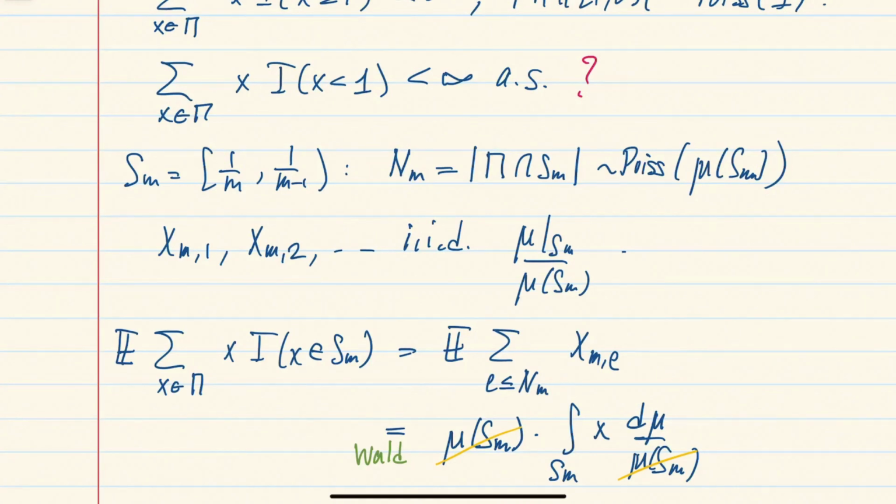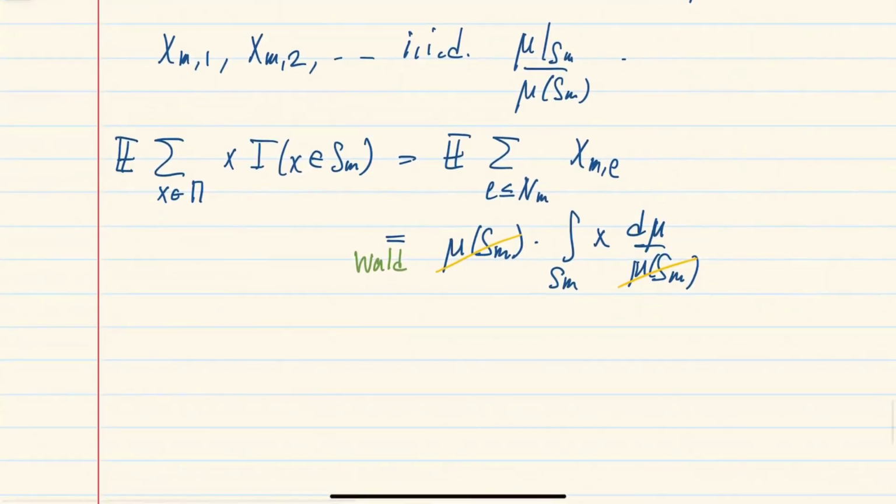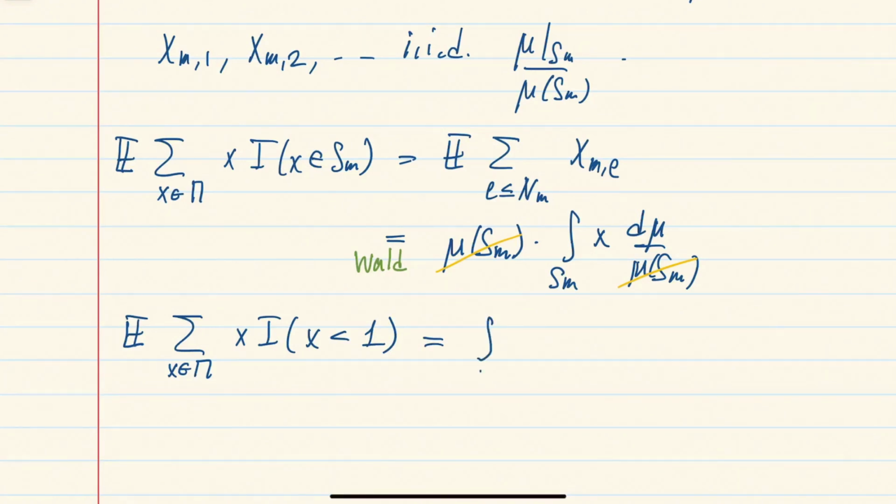Okay, and now if you just add these equations up over all m starting from 2, you get that the expectation of the sum over all points x less than 1 is equal to the sum over these intervals Sm, but the union of those intervals is just the interval from 0 to 1, so it's the integral of x d mu, which is the integral of zeta x to the minus zeta dx.